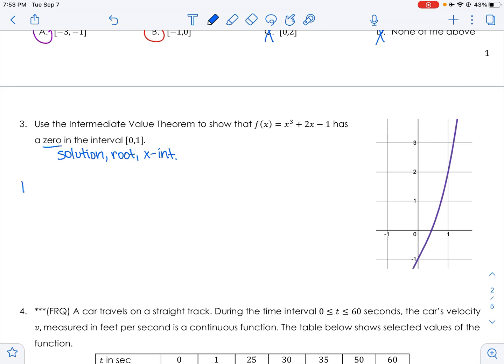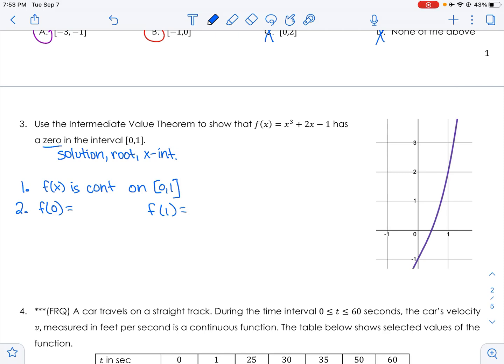First, is f of x continuous? Since it's a polynomial function, f of x is continuous on the interval 0 to 1. The second thing we need to know is what f of 0 is and what f of 1 is.